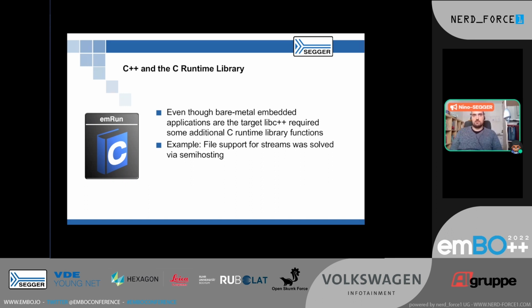So you would have your file system still behind the standard library without the standard library actually providing it, because again, we can't predict what file system your system will use. But libc++, especially the tests and the feature compatibility, required file support. So we solved this with semihosting. So it works on all platforms and we can use libc++.